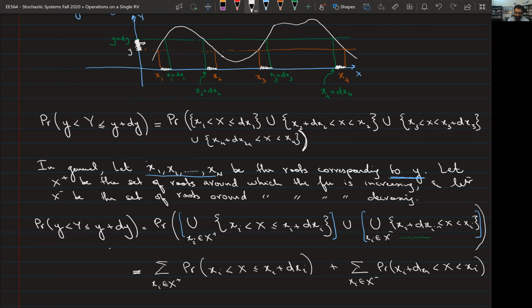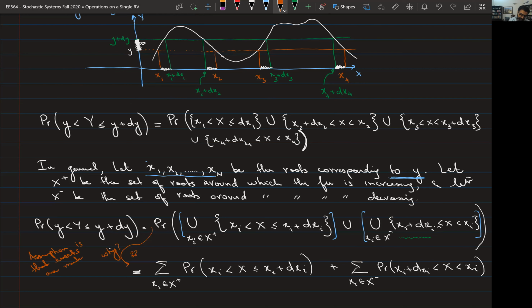Right? In going from here to here, what have I assumed? They don't overlap, which basically means they are mutually exclusive. And is that true? Not always.